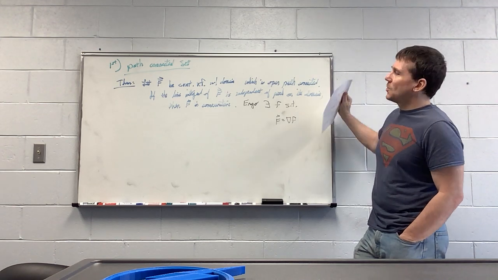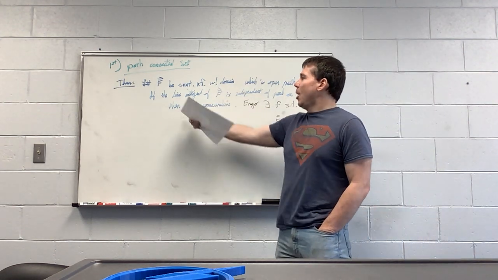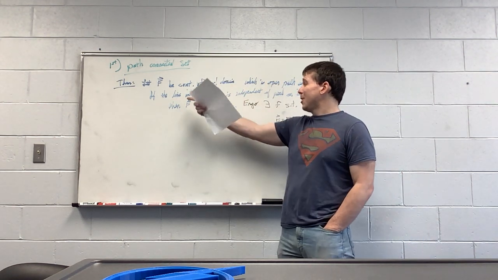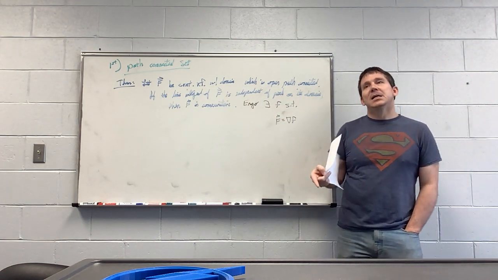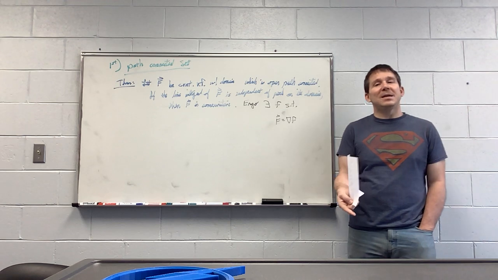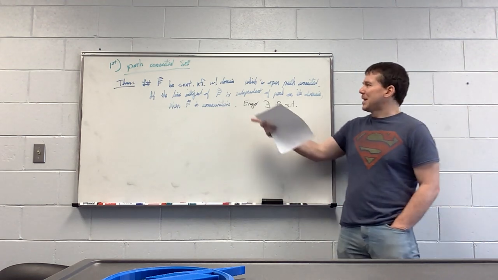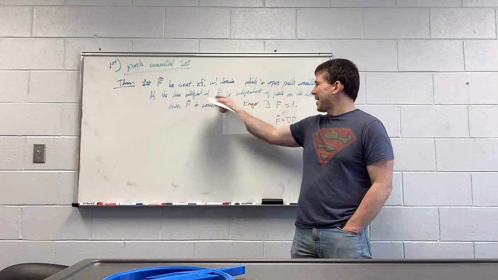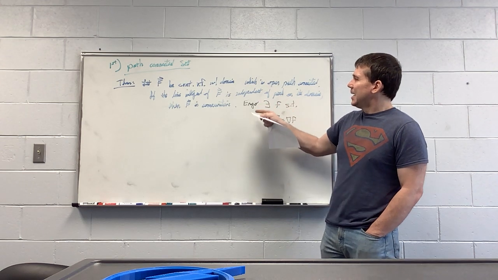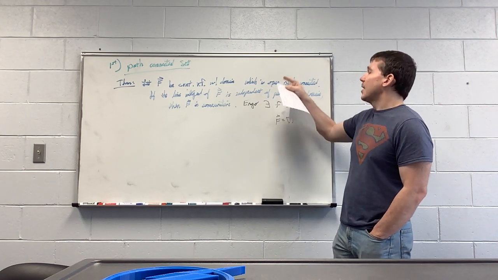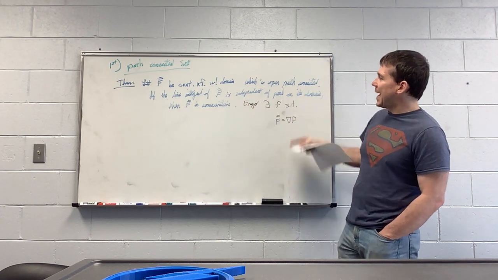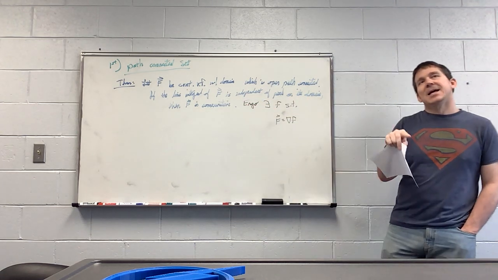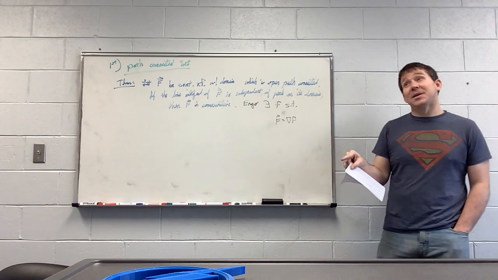So again, I'm stuck with, I have to do all of this, and if I can somehow show that all of this is true, then I get that it is conservative. And that doesn't really help me very much at all, because I still have to show it's path connected. If I assume it's path connected, I have to show that the line integral is independent of path to then say that it's conservative.